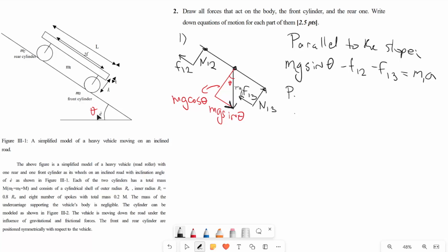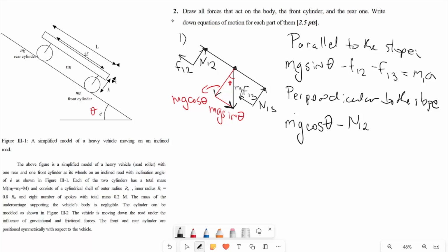So then, perpendicular to the slope, we are going to look at those forces here. Oops, we need an upwards arrow here. We have mg cos theta, which is acting straight down. So we can say mg cos theta, and then we can take away in the opposite direction N12, that's one normal reaction, and then from the other one is going to be N13.